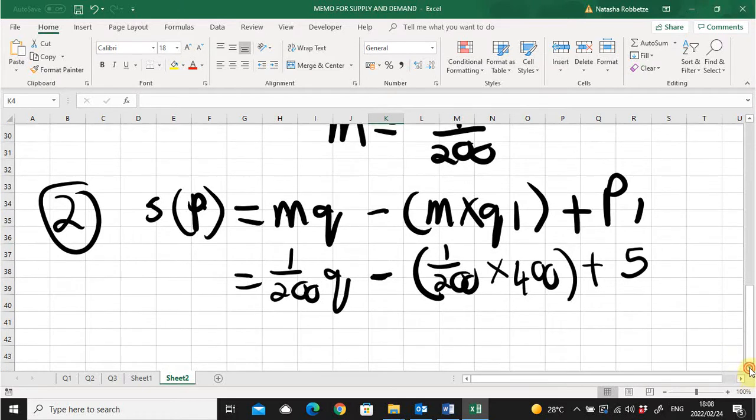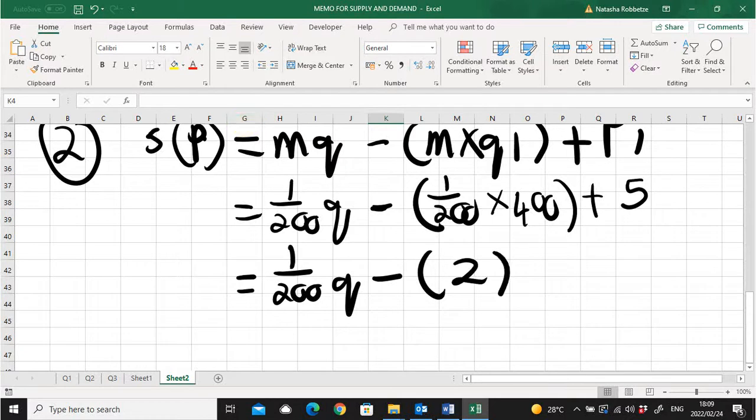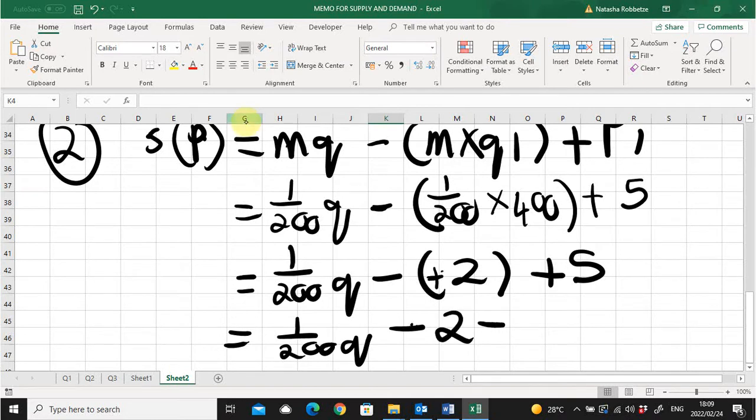If we continue to solve this equation, the price is then 1 over 200Q minus 1 over 200 times 400. If you put that into your calculator, you ought to get 2 plus 5. Then it's 1 over 200Q minus 2, because a minus and a plus is a minus, 2 plus 5.